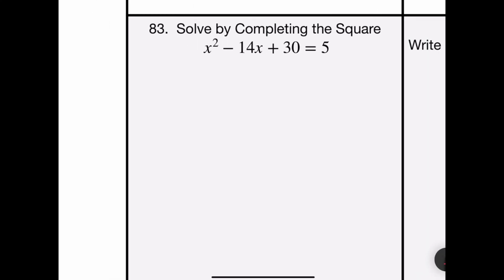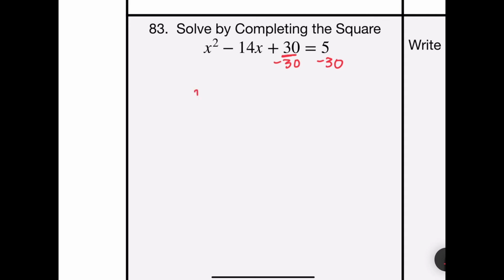Problem number 83 is to solve a quadratic by completing the square. It says x squared minus 14x plus 30 equals 5. So if I check, half of 14 is 7, and 7 squared is 49. So 30 does not make the left side a perfect trinomial square. So the first thing I'm going to have to do is subtract 30 from both sides so that I can introduce my new number on both sides, which will make the left side a perfect trinomial square.